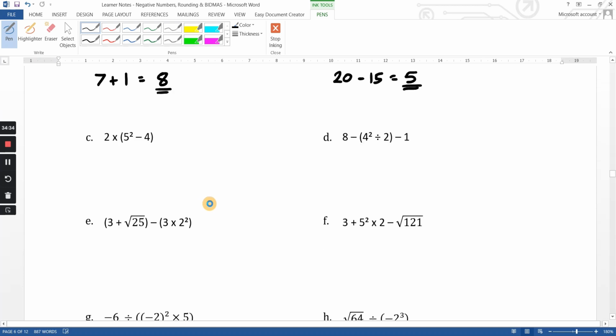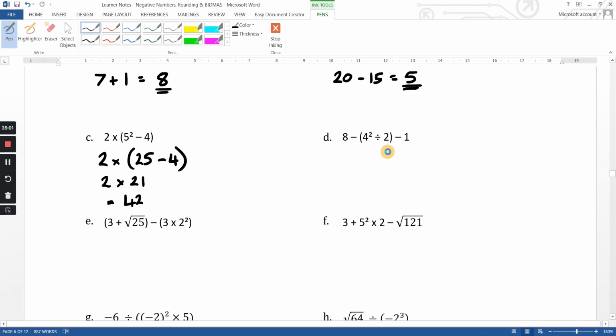Part C, I have to do the brackets first, but inside the brackets I've got 5 squared as well. So 5 squared is 25. Let's do that inside the brackets now. 25 take away 4 is 21, so it's technically 2 times 21, which gives me 42 for my answer.